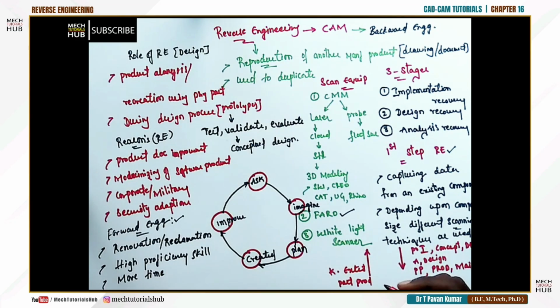Then knowledge extraction, geometrical extraction, then 3D rebuilding, a 3D model or 3D structure. This is how it will go. After finishing the part, that part is taken as the first step for reverse engineering, and it will be taken in a reversed way. This is the complete information related to reverse engineering.